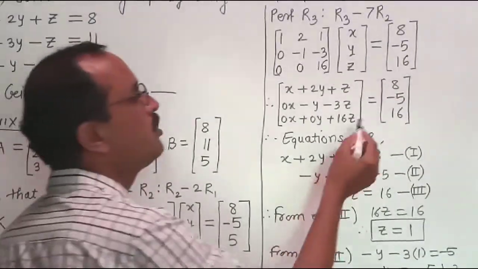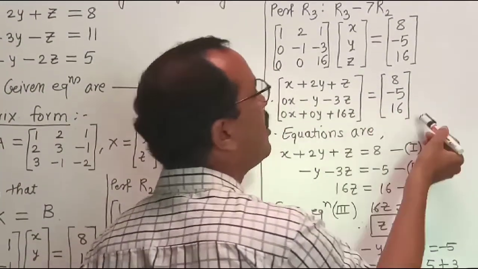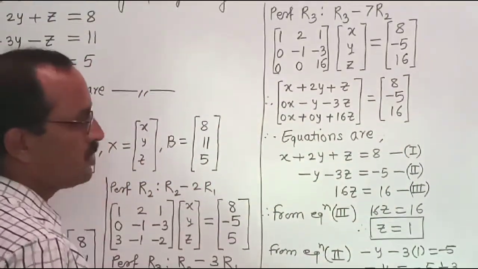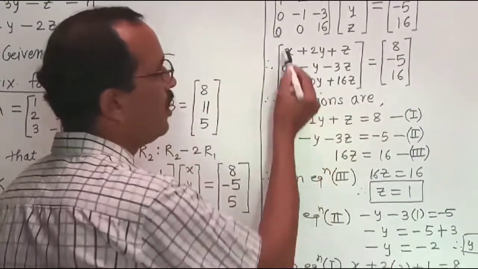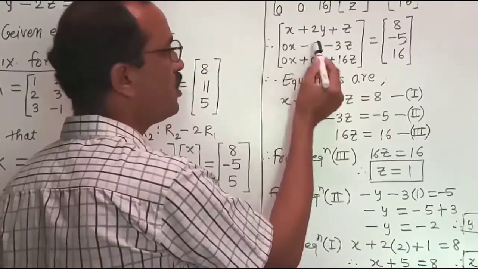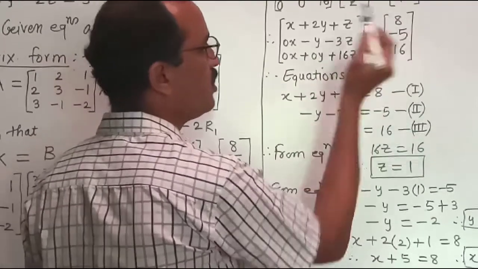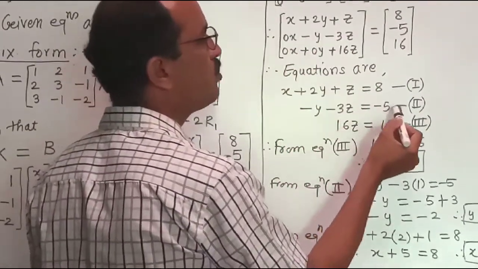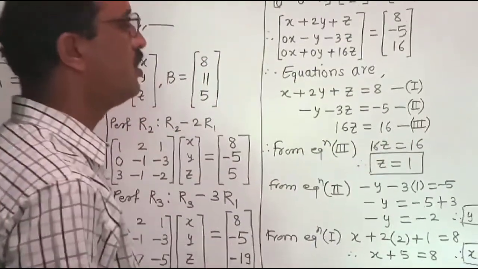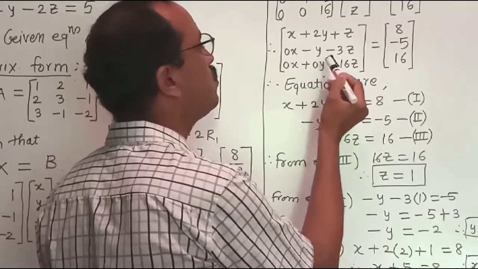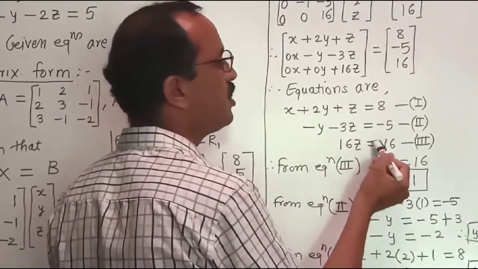Now the order of the matrices on the left hand side and right hand side are equal. Therefore equating their respective elements, we get the equations. The first equation is x plus 2y plus z is equal to 8. We get the second equation 0x minus y minus 3z is equal to minus 5. And the last, third equation is 0x plus 0y plus 16z is equal to 16.